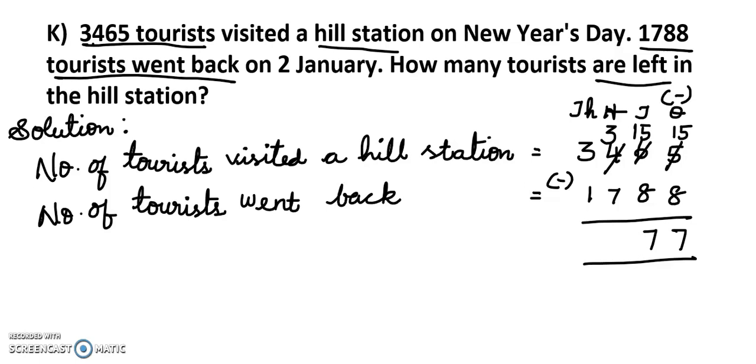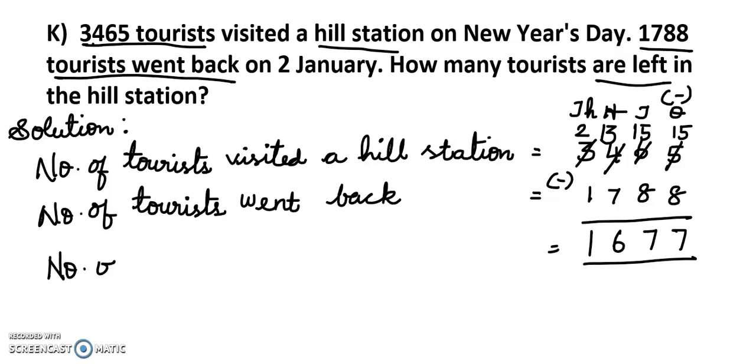Again we can't subtract 7 from 3. So we have to borrow from the thousands place. So 3 becomes 2, and this 3 becomes 13. So 13 minus 7. 7 after: 8, 9, 10, 11, 12, 13. So 6 is the answer. Next 2 minus 1. 1 after 2. So 1.